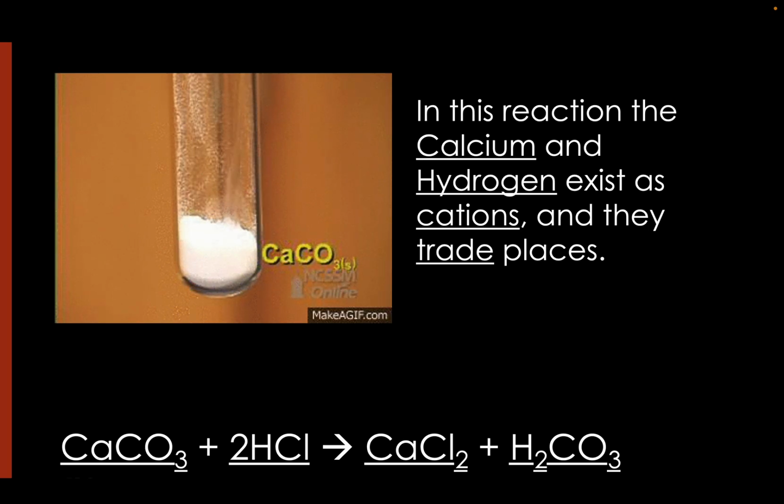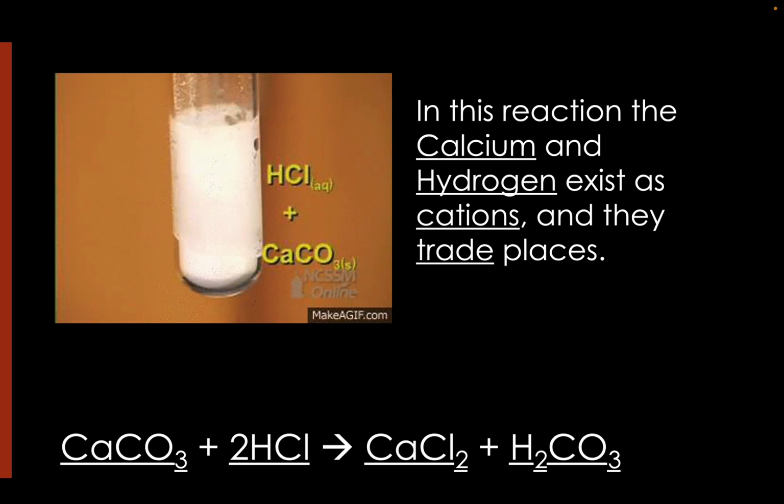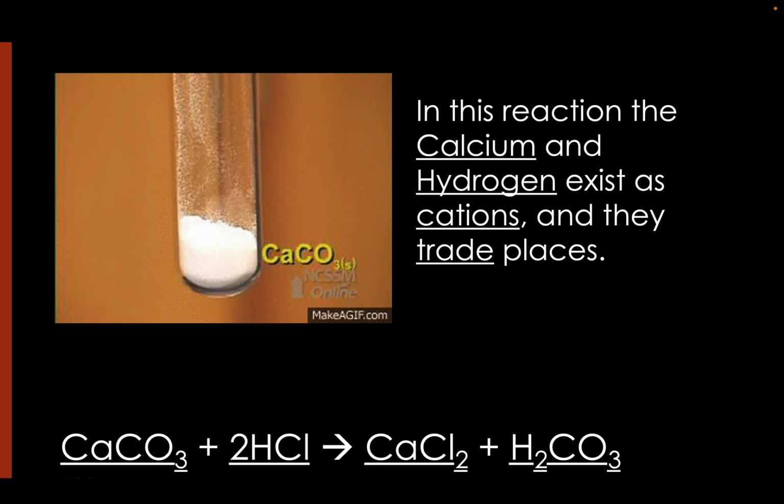So calcium is a cation, and hydrogen is a cation, and they basically just trade places. Again, one of the keys to remember about double replacement reactions is that they always involve ions, either single ions like hydrogen and calcium, or polyatomic ions like carbonate, which is CO3.